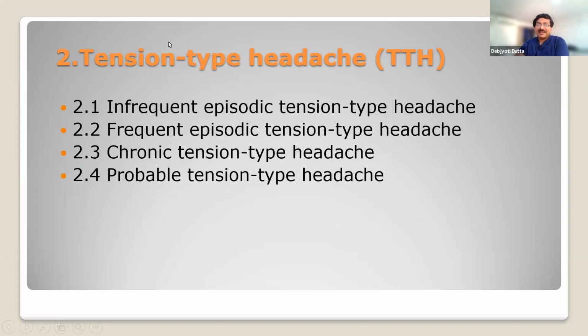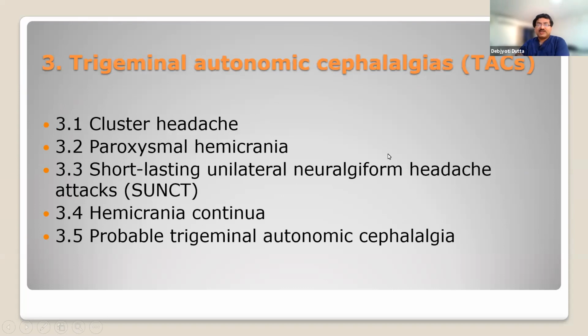Tension type headache is again classified in various groups, among which a few are infrequent episodic tension type headache, frequent episodic tension type headache, chronic tension type headache, probable tension type headache. So in all the classification, you will be finding this type of non-specific diagnosis put together.